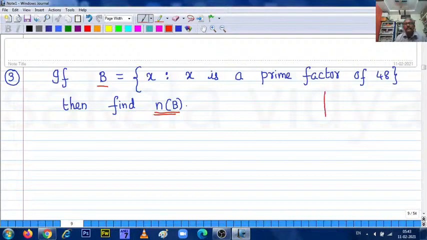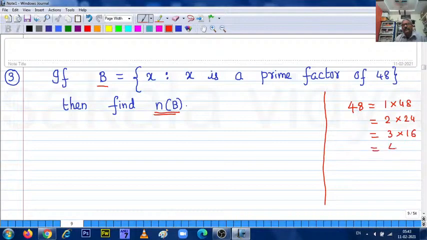So first step, we need to find the factors of 48. Factors of 48 means 1 into 48, first factor. Next factor is 2 into 24. Next is 3 into 16, 48 only. Next 4 into 12. That's all.